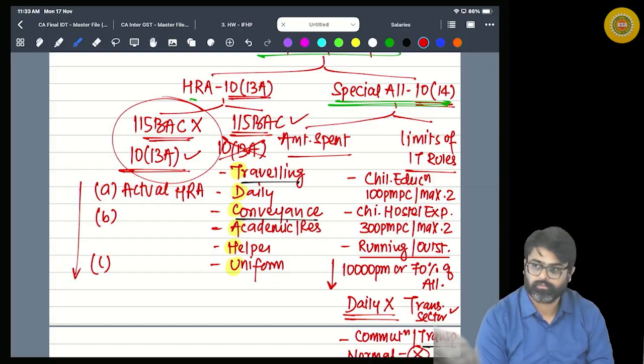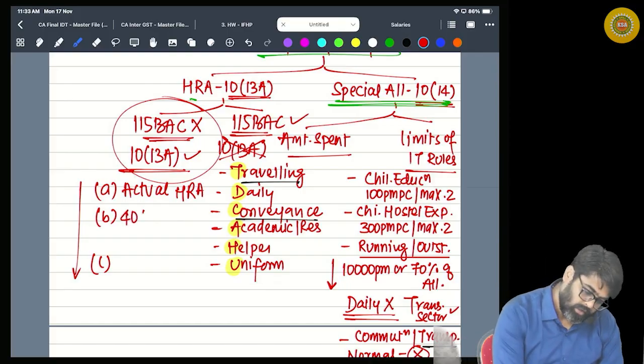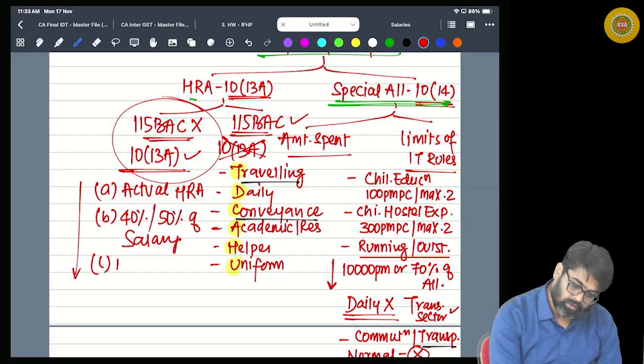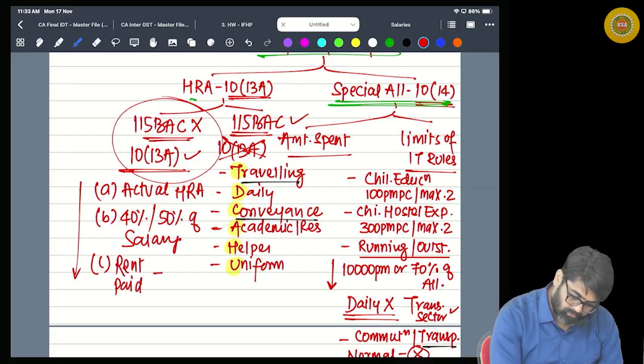B is either 40% or 50% of your salary. And C is rent paid minus 10% of your salary.